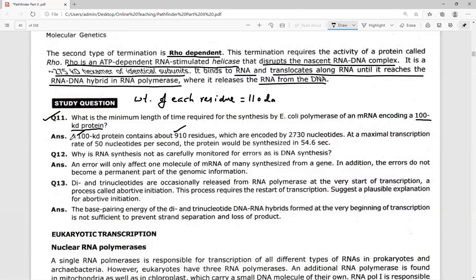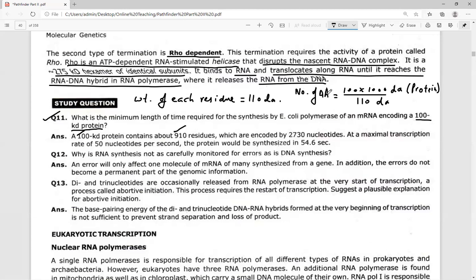So a 100 kilodalton protein means 100 into 1000 Dalton protein. This protein is divided by the weight of a single amino acid, 110 Dalton, which will give you the number of amino acids.